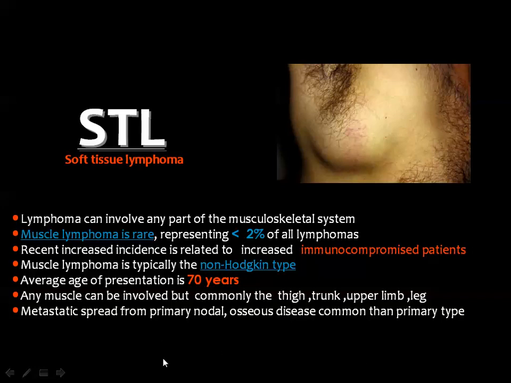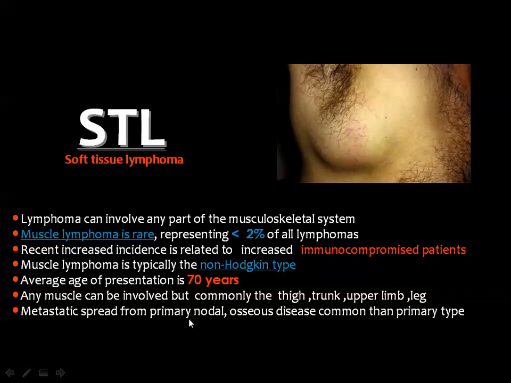But the incidence of lymphoma has increased, especially corresponding to the increase in immunocompromised patients. Most of the muscle lymphomas are of the non-Hodgkin type, and the age of presentation is around 70 years. Any muscle can be involved, but commonly the thigh, trunk, upper limb, and also the leg.